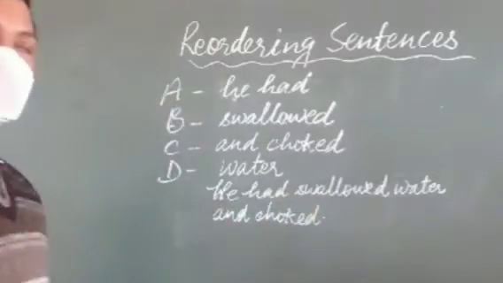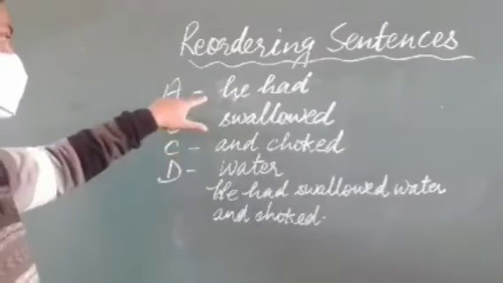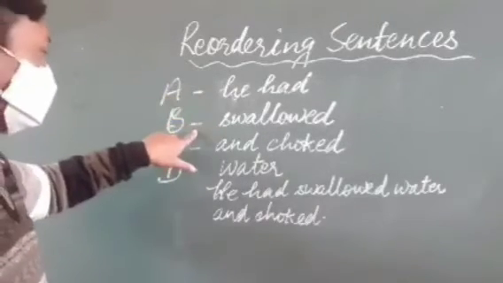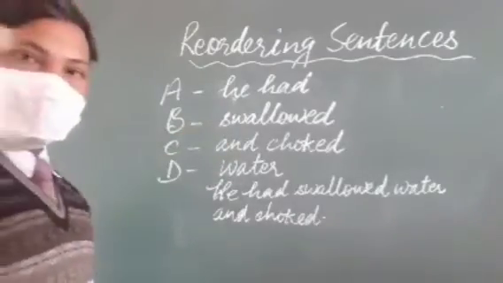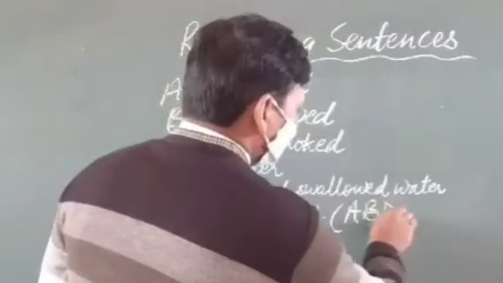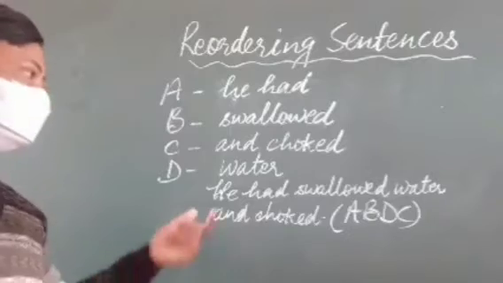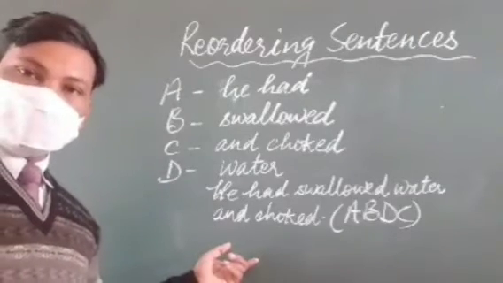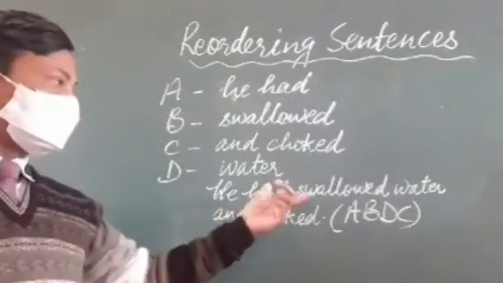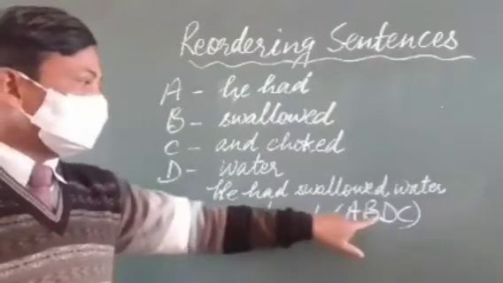He had swallowed water and choked. So he had A, B, B, C. This is going to be your correct option. He had swallowed water and choked. A, B, B, C.